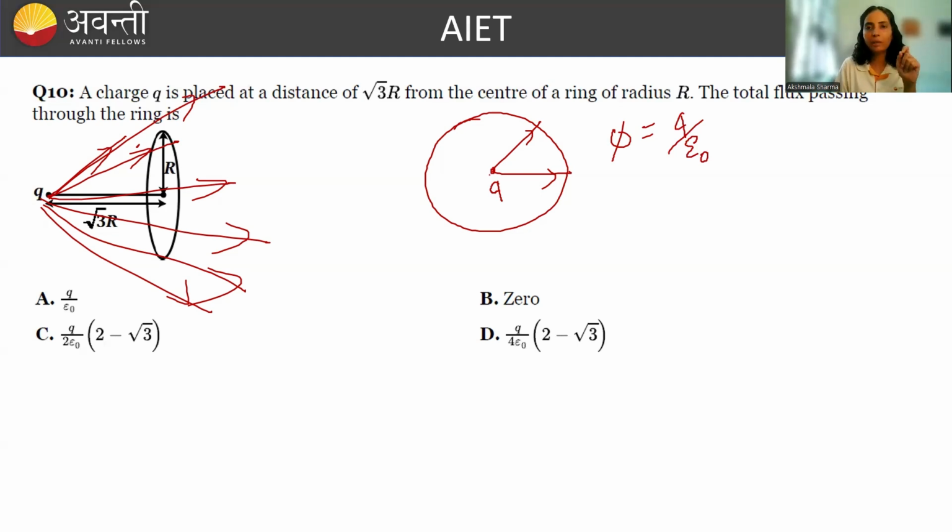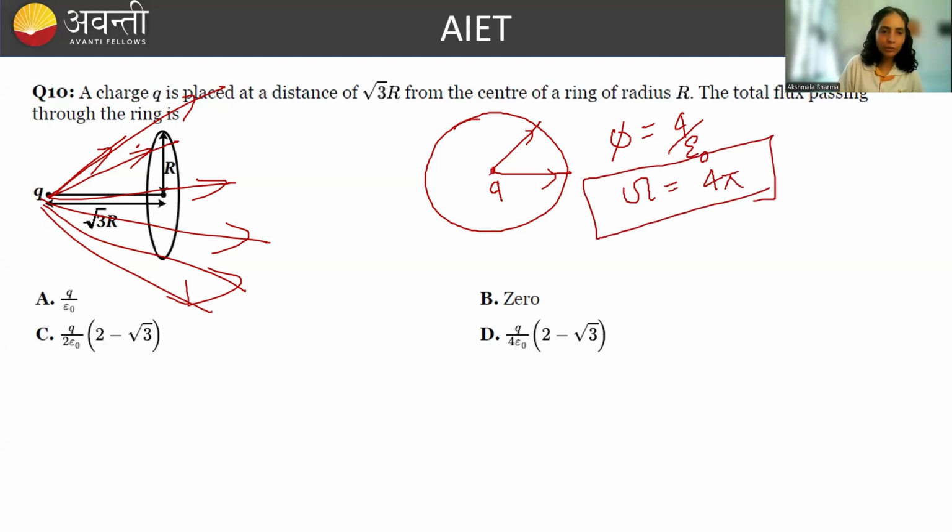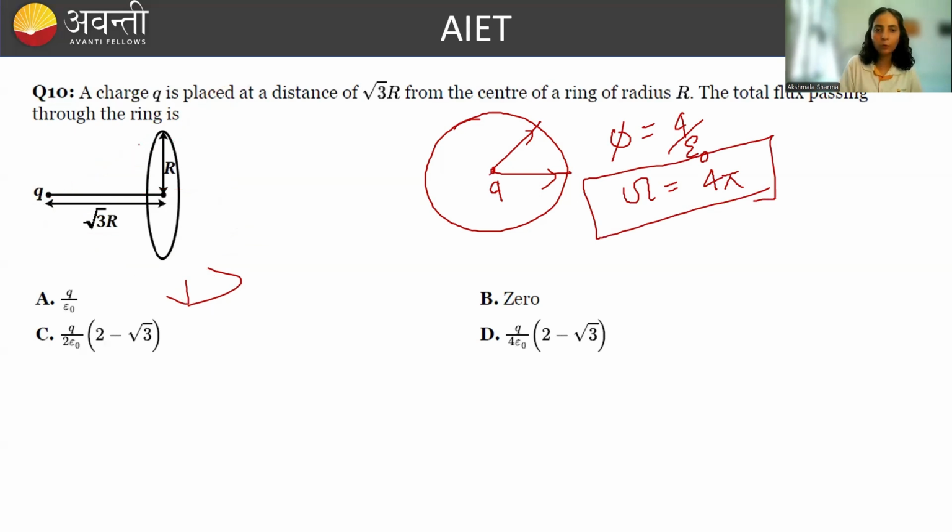Now in this question, we need to use the solid angle concept. For a closed surface, at any point inside, the solid angle formed is equal to how much? 4 pi. Okay. Now look at this question carefully. So why did I write 4 pi? Because for 4 pi angle, this charge is giving Q by epsilon naught flux. Now this is also a certain area.